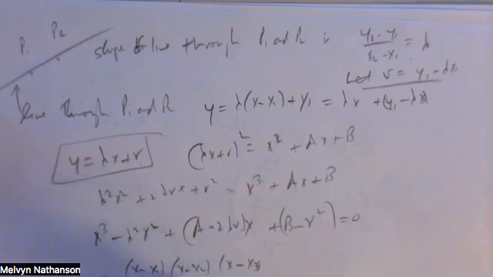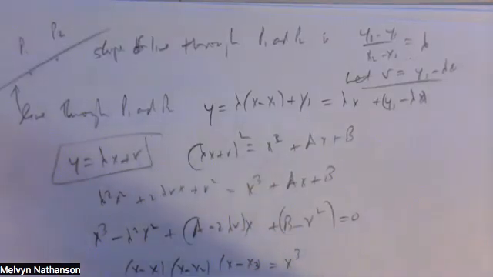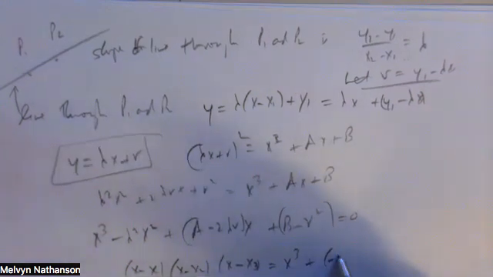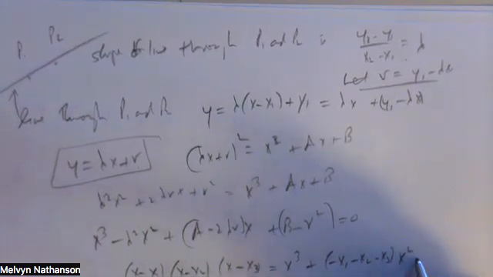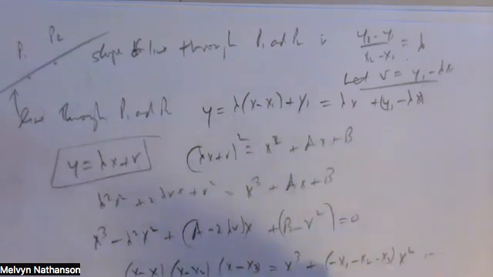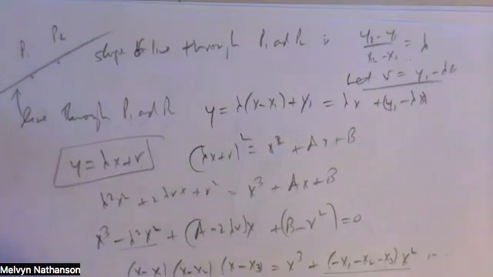So if you multiply this out, what do you get? You get x cubed. What's the coefficient of x squared in this? The coefficient of x squared is going to be minus x1 minus x2 minus x3, plus some other stuff. So this is the coefficient of x squared, and this is the coefficient of x squared.